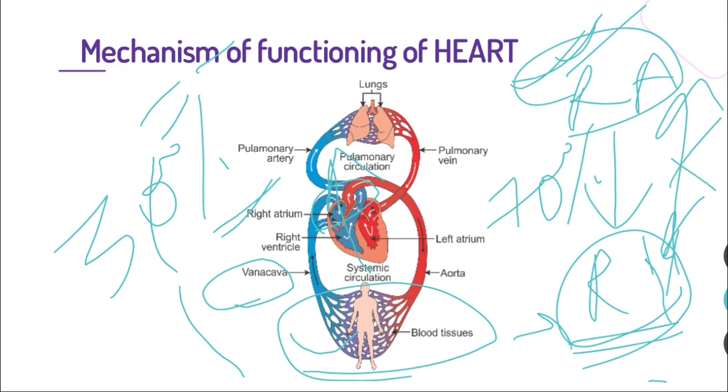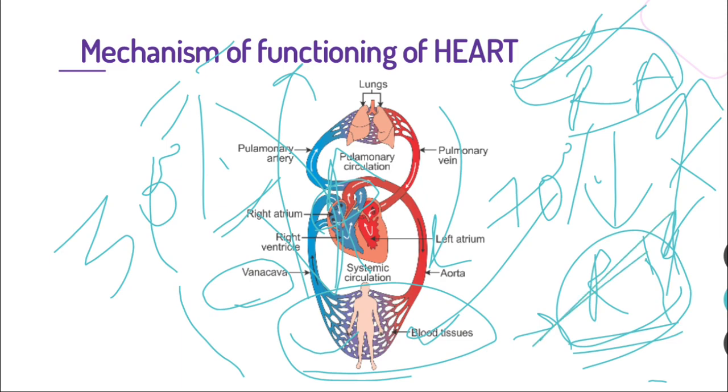When the right ventricle pumps, the tricuspid valve closes, and the closure of tricuspid and bicuspid happens at the same time, because when deoxygenated blood cycling is happening, oxygenated cycling also happens simultaneously. Now the blood is sent into your lungs.